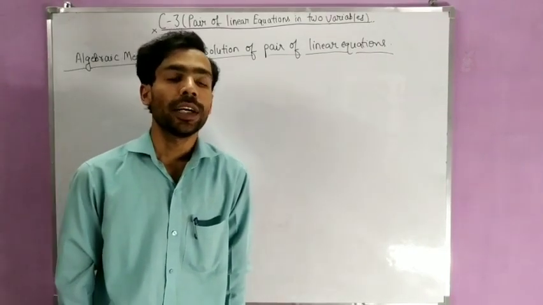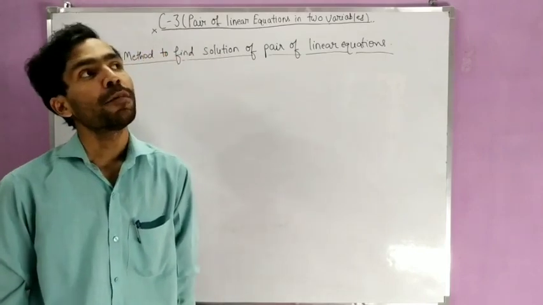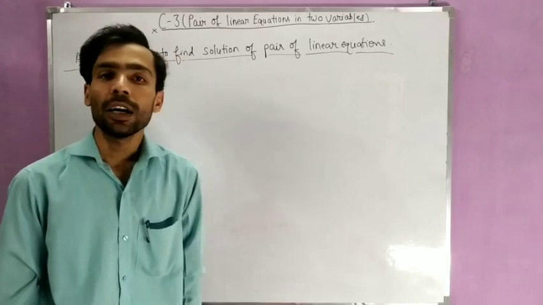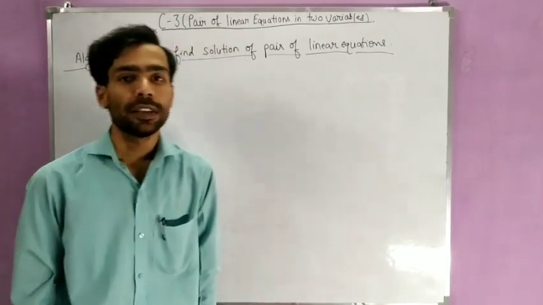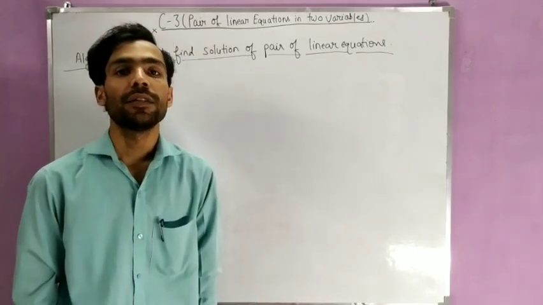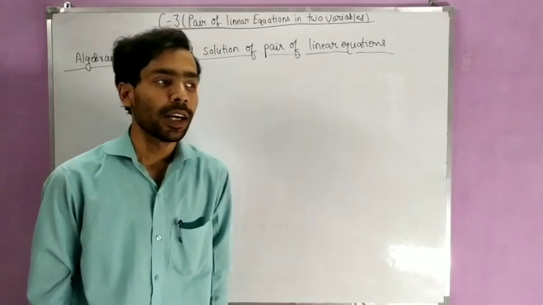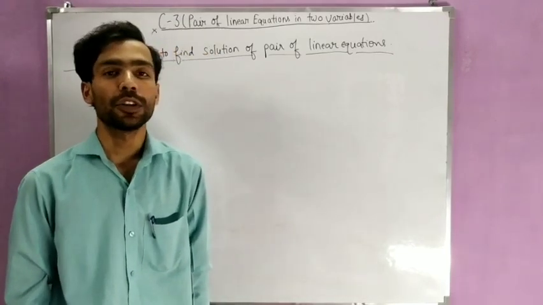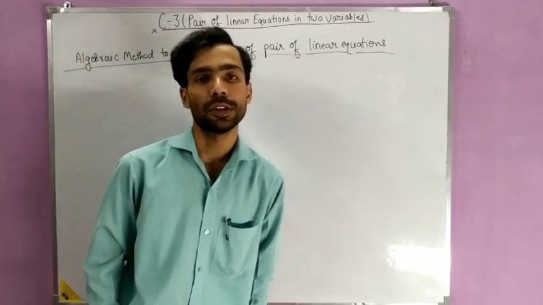Students, I told you that whenever we have to calculate the solution of a pair of equations, there are two methods. First, the graphical method, which we have already discussed, and the second is the algebraic method to find the solution of a pair of linear equations.